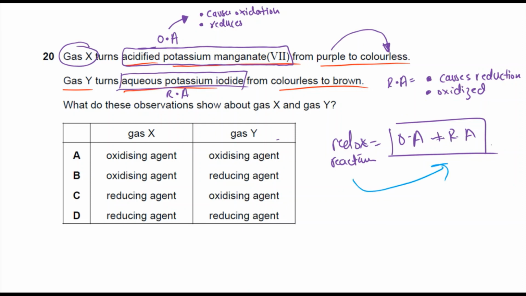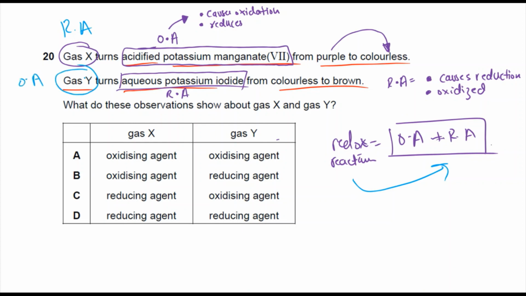Gas X is the reducing agent. Because you know, it has reduced acidified potassium manganate. And acidified potassium manganate being the oxidizing agent has oxidized gas X. ठीक है? अच्छा, इधर this is the reducing agent, it has been oxidized itself. So then gas Y is the oxidizing agent.